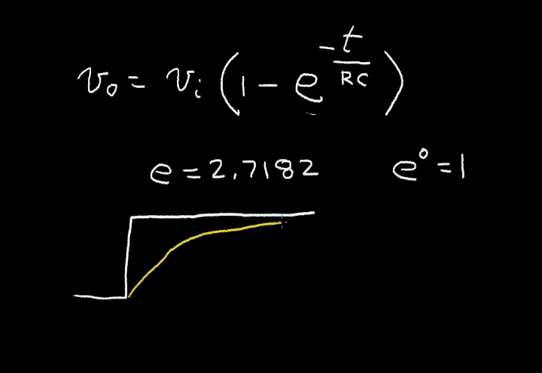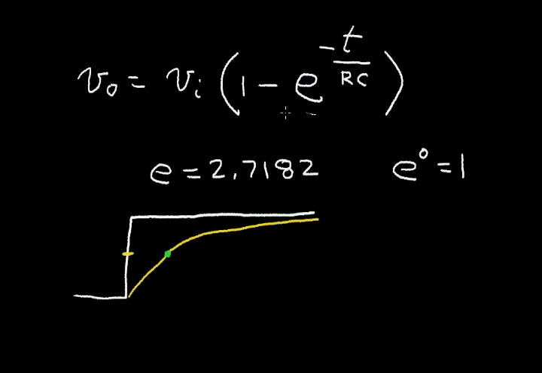Let's find a point where the output is half the input voltage. Let's find the point right here. Now this is a useful point for a lot of different circuit designs. So let's see if we can find that point in the curve.